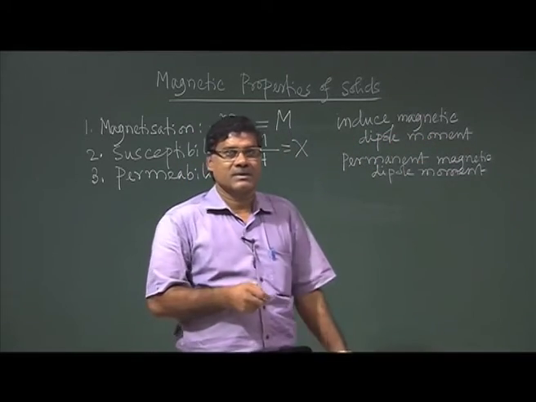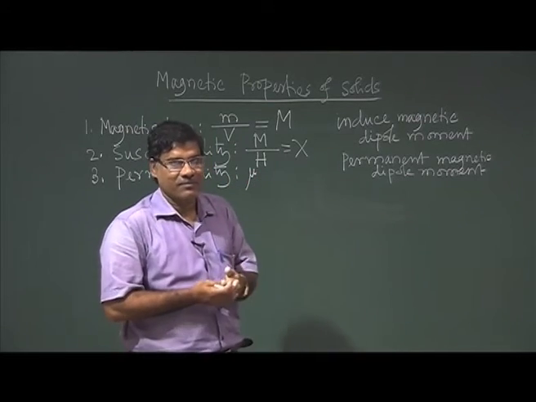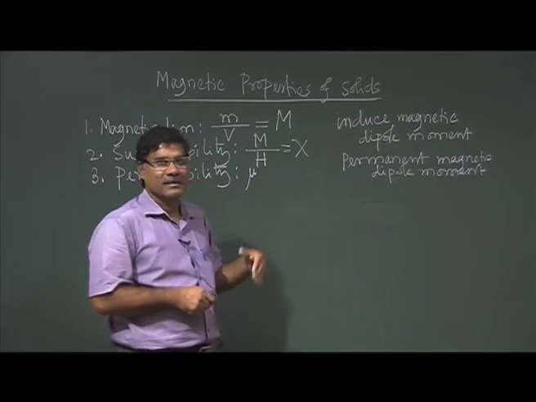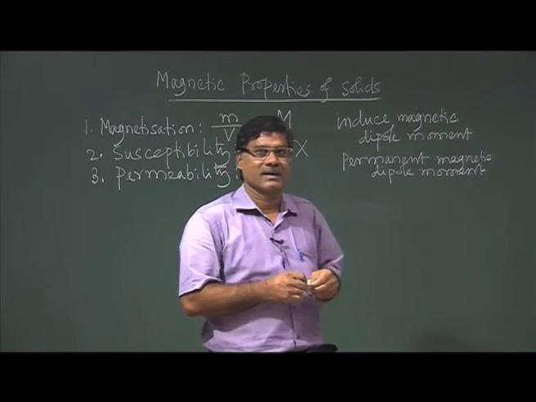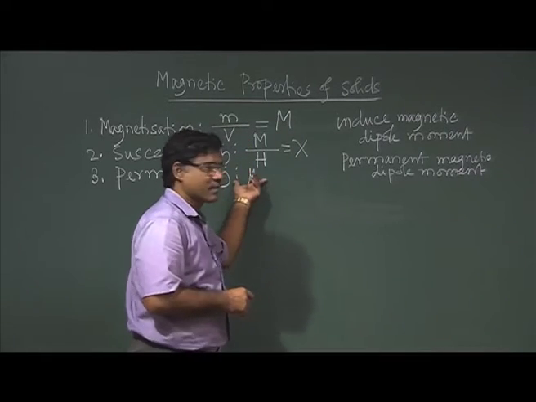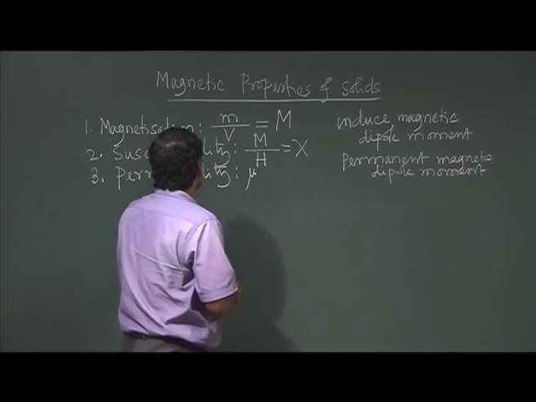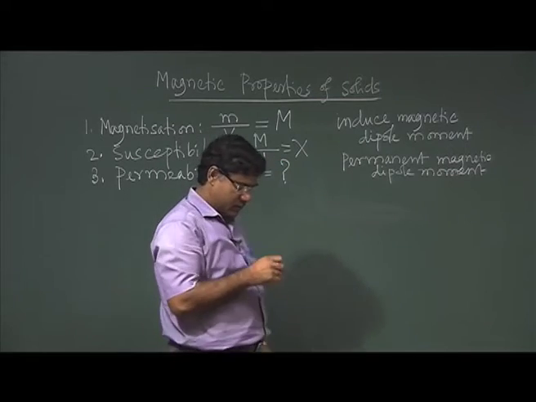Okay. So, you should not be confused; you have to know the context and think whether it is permeability or refractive index or dipole moment. So, now what is mu?